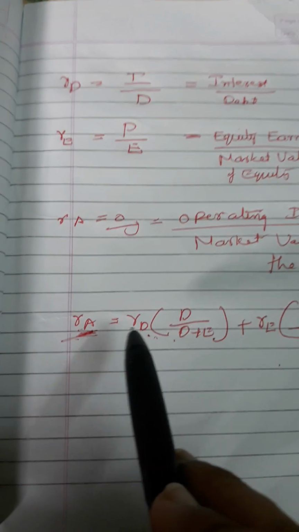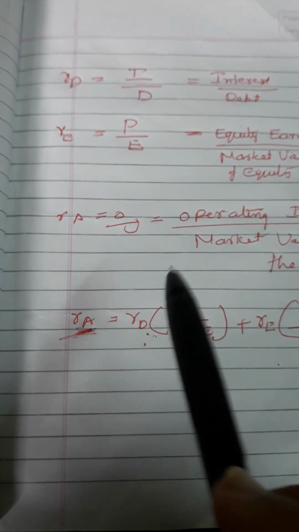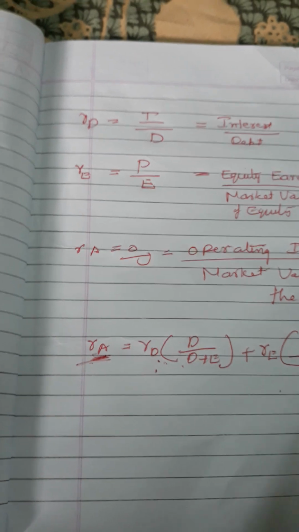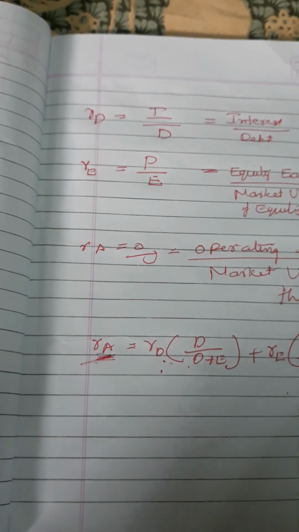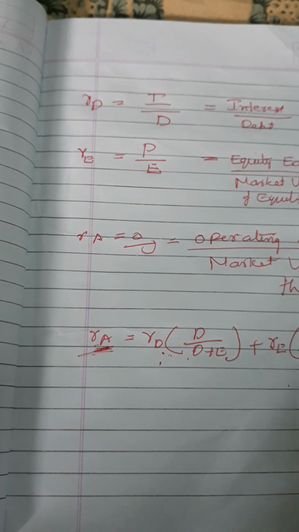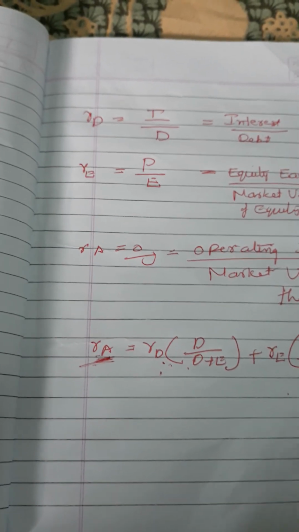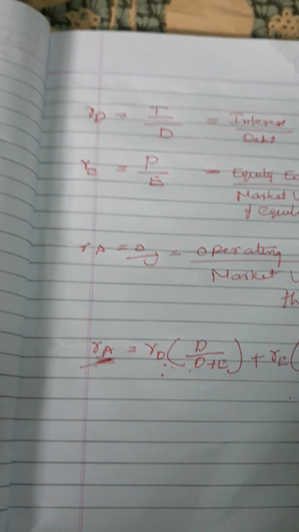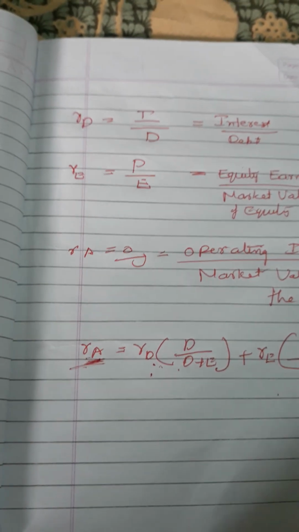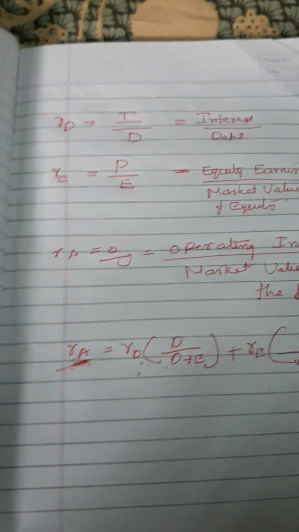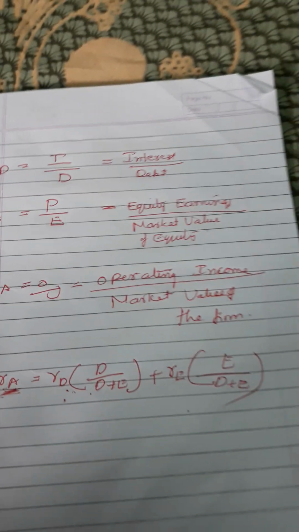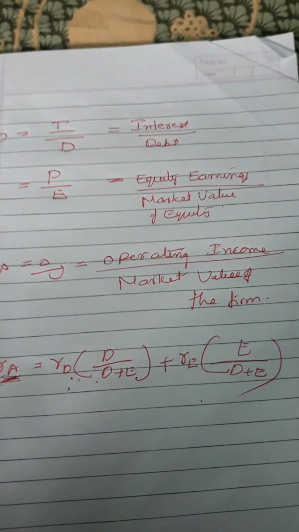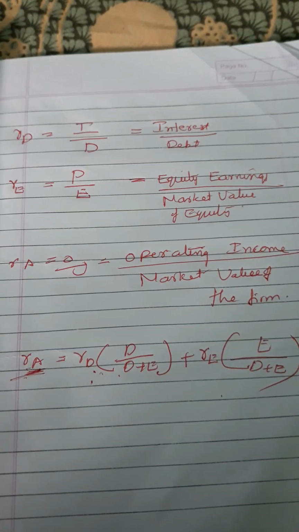It is the ratio of debt to total capital, debt plus equity, how much debt a firm is financing out of the total investment, multiplied by the cost of debt, plus the ratio of equity to debt plus equity multiplied by the cost of equity.